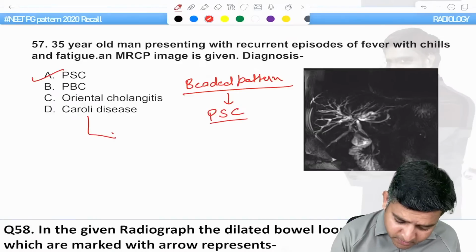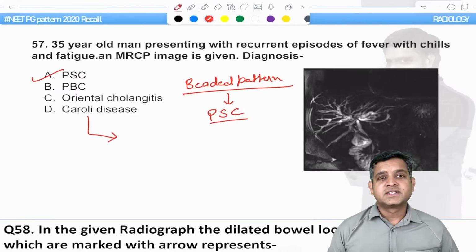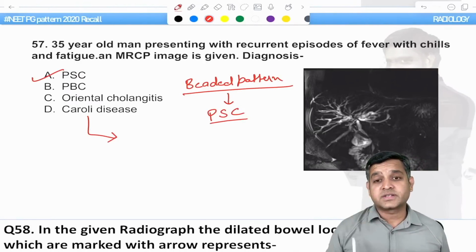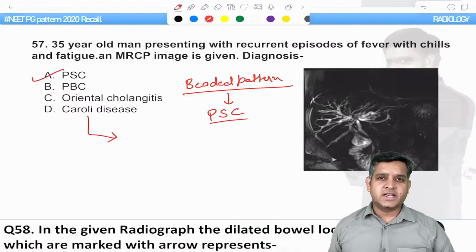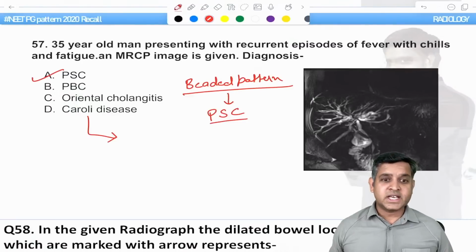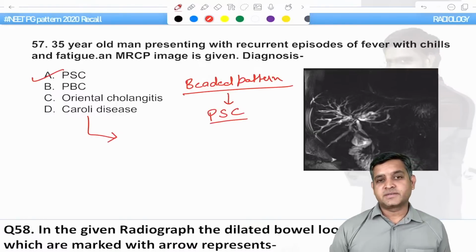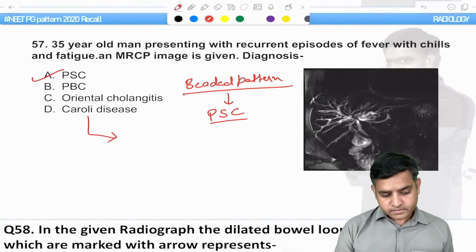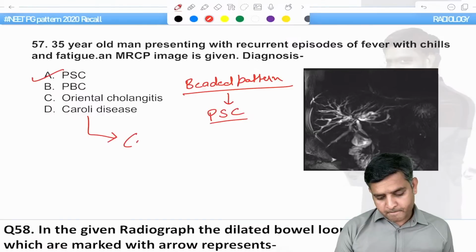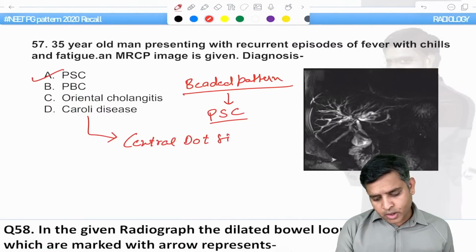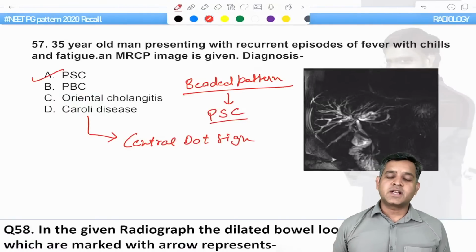Anybody who can tell me what is the name of the sign seen on imaging in Caroli's disease? What is the name of the sign? Yes. Central dot sign. Central dot sign.